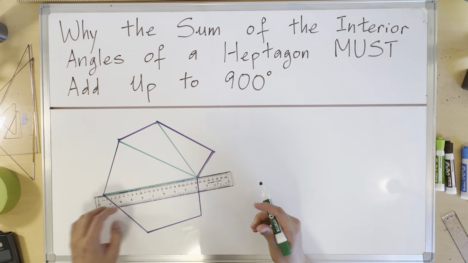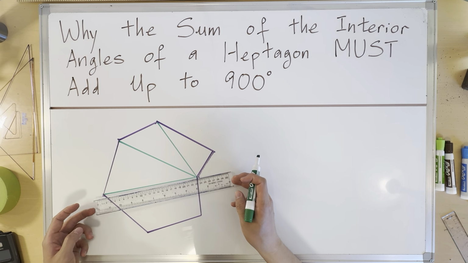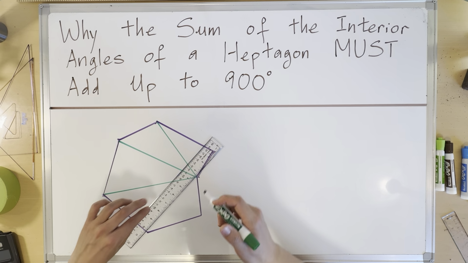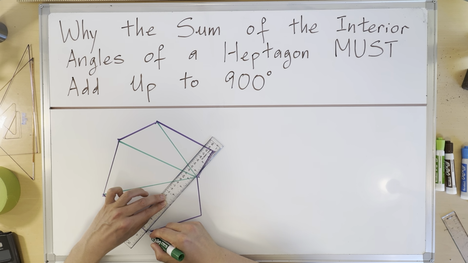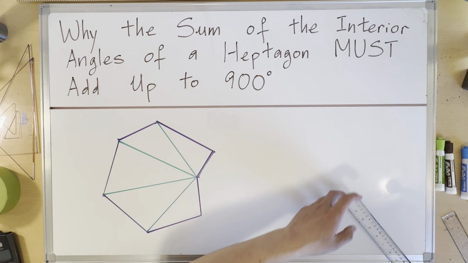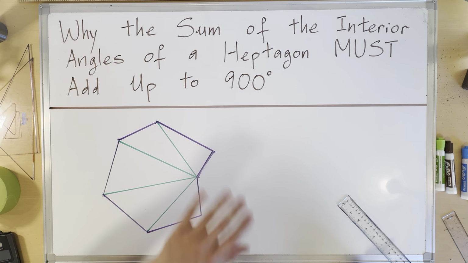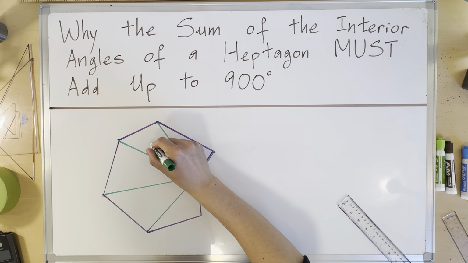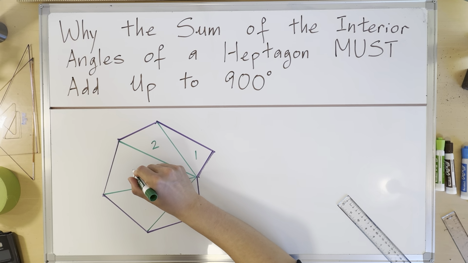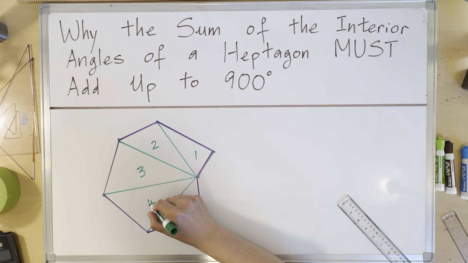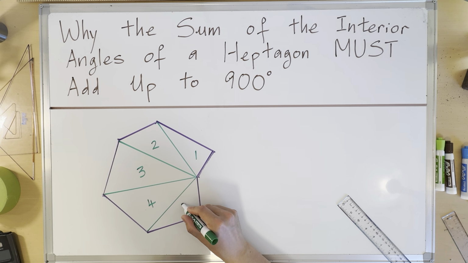Here's a 3rd triangle. And now with this final line, it's going to produce a total of 5 triangles. So we've got one triangle right here, a 2nd triangle right here, a 3rd triangle right here, a 4th triangle right here, and a 5th triangle right here.